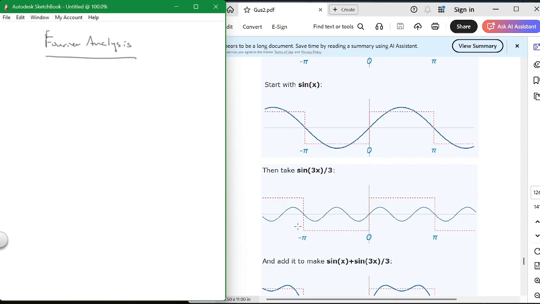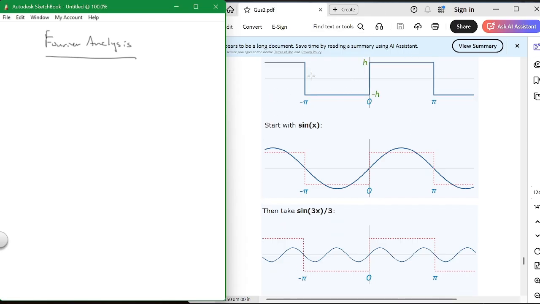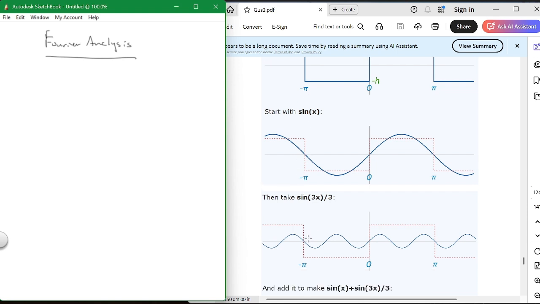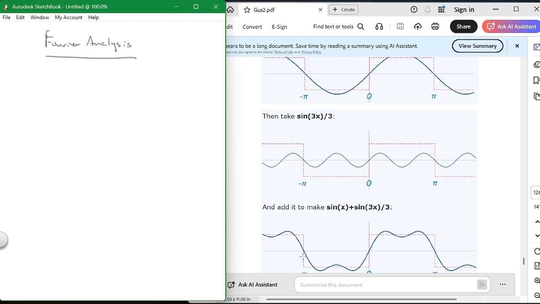So you can start by saying, okay, now I want to make a square wave out of a bunch of sine waves. And you may not believe this, but it actually is true. So what is this waveform? It's this one plus this one, which if you start looking at these, adding them up, looks a little bit more like a square wave, doesn't it?